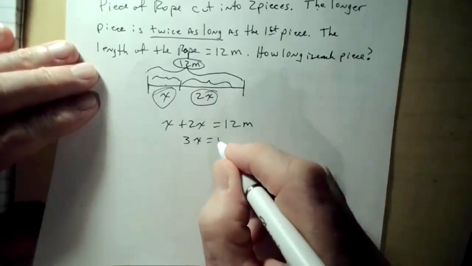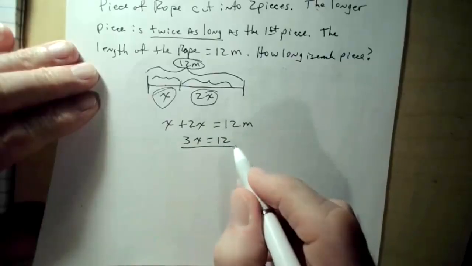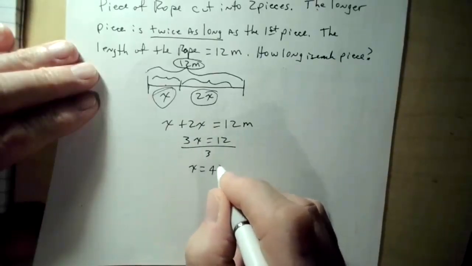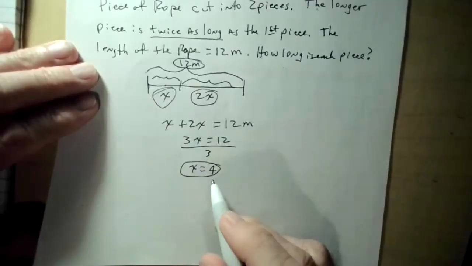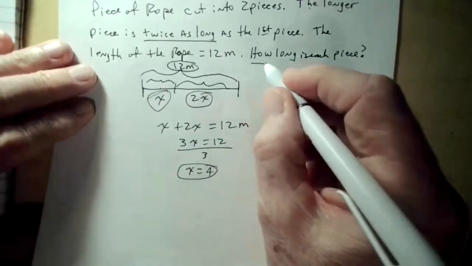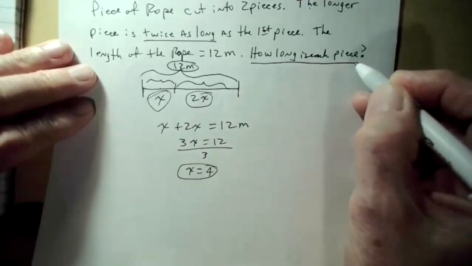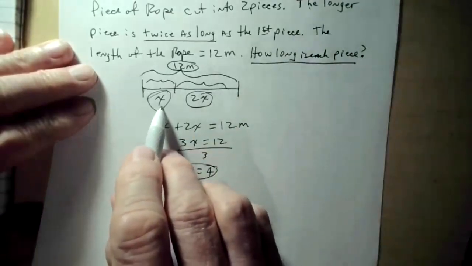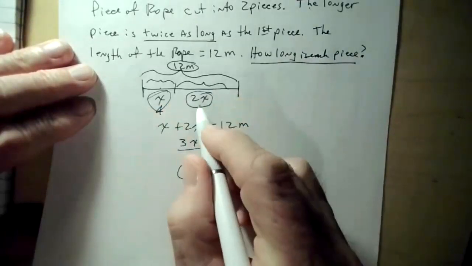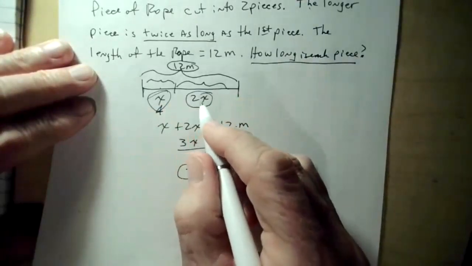Now we have a real simple algebra problem here. X plus 2X, combine like terms, so 3X equals 12. Divide everything by 3. X is 4. Is this our answer? No.